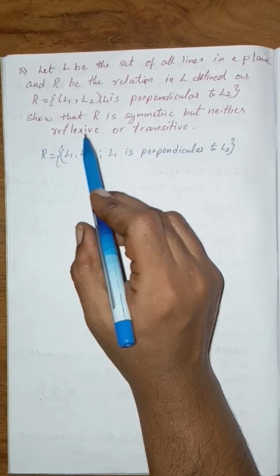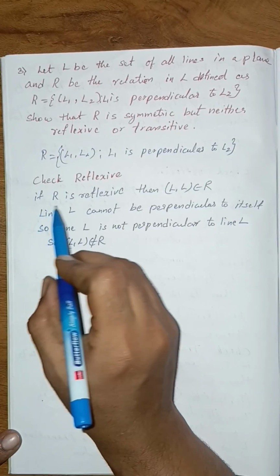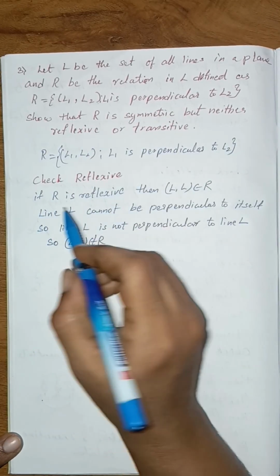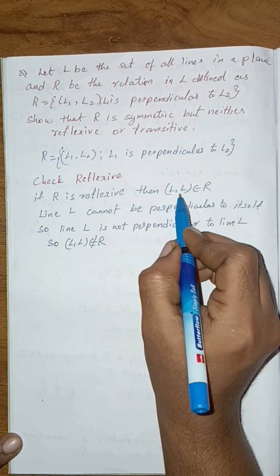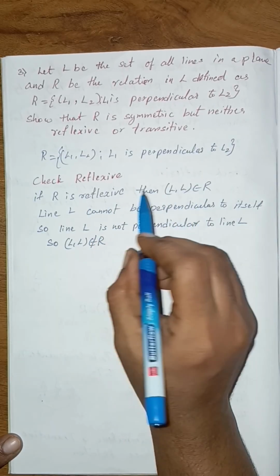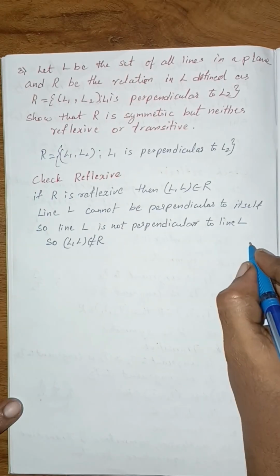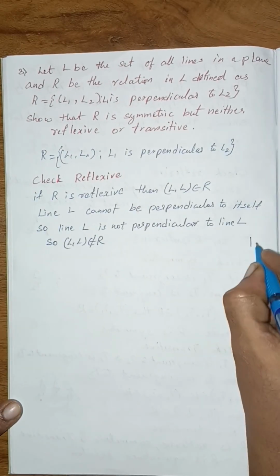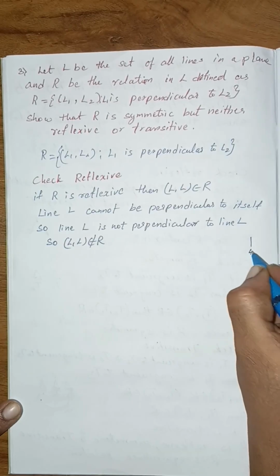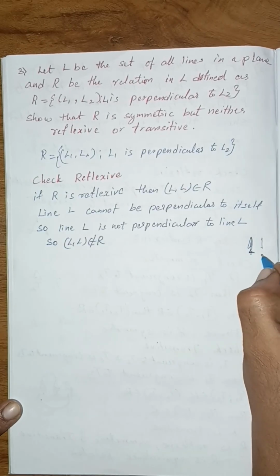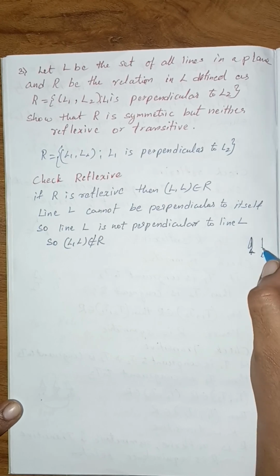First we have to check for reflexive. If R is reflexive, then the pair L1, L1 should belong to R. So here, if I draw a line, this is my line L. The same line should be perpendicular to itself.